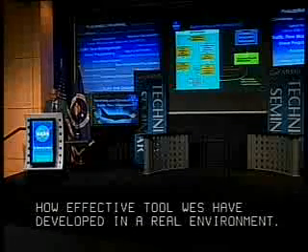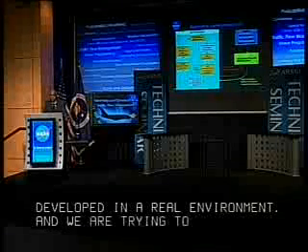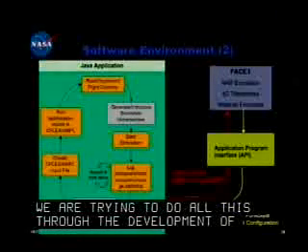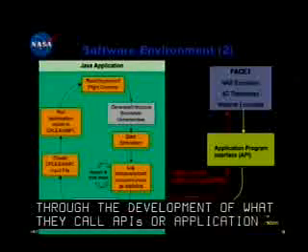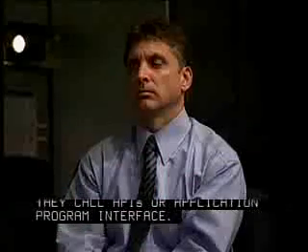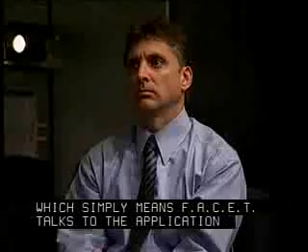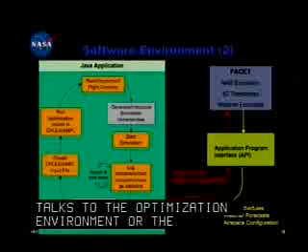And we are trying to do all this through the development of what they call APIs, or application program interfaces. Which simply means FACET talks to the application program interface, which in turn talks to the optimization environment, or the CPLEX environment, or maybe CTAS.